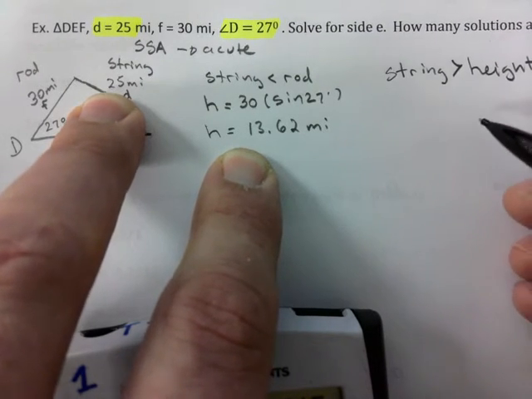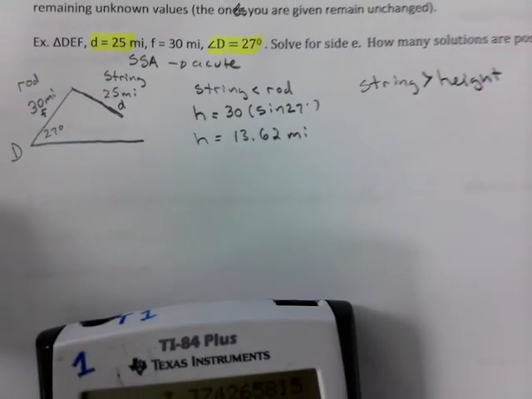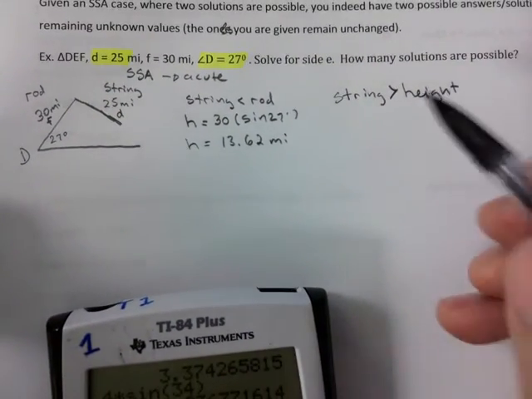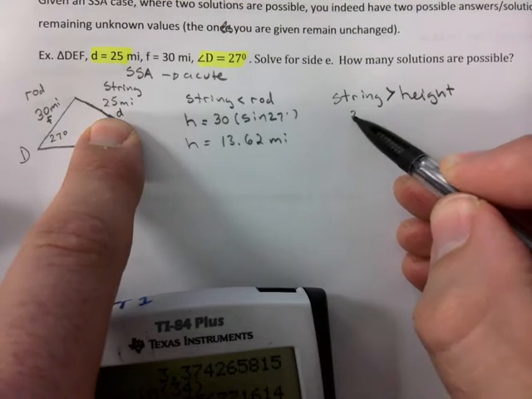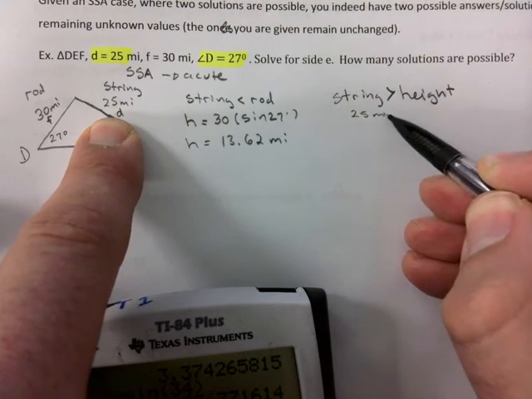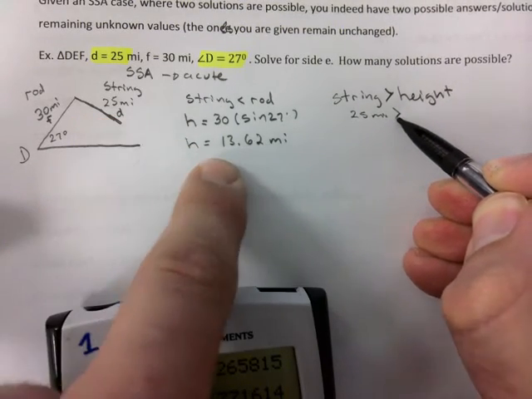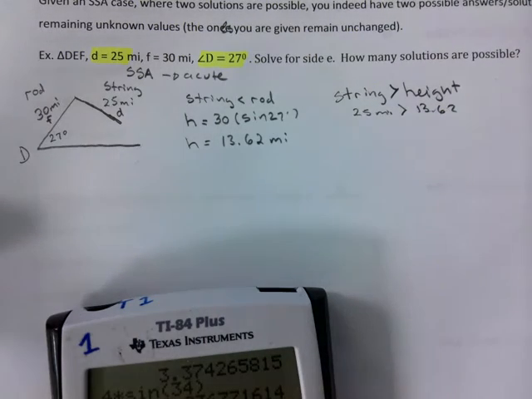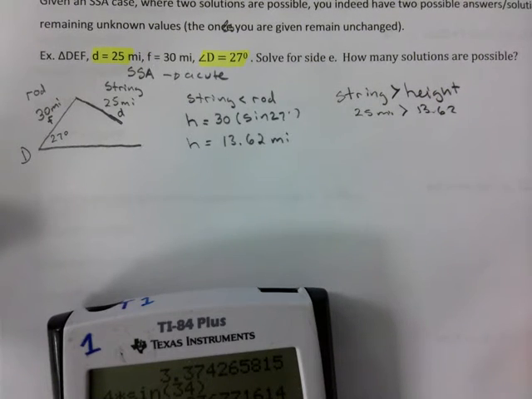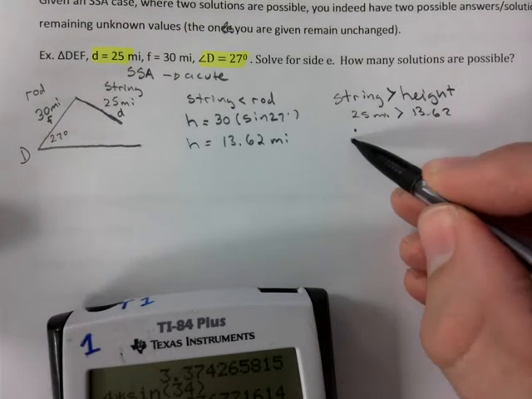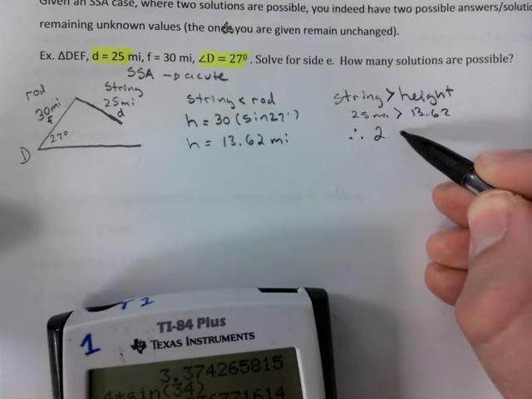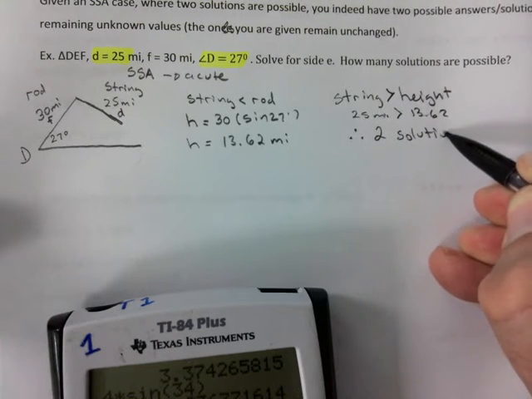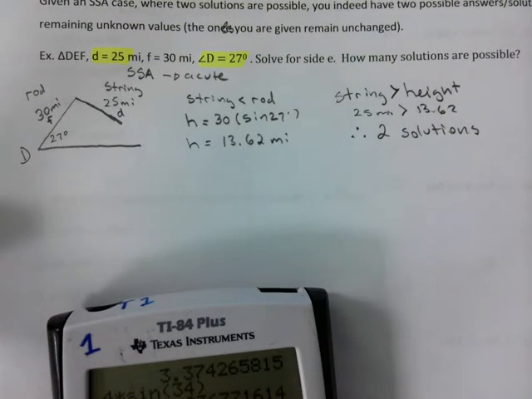And if you ever need to do this, go for it, right? 25 miles is greater than the height, which is 13.62. If you need the numbers also on top of the string and height, go for it. There's nothing wrong with it. So therefore, we'll have two solutions. When the string is greater than the height, you have two solutions there.